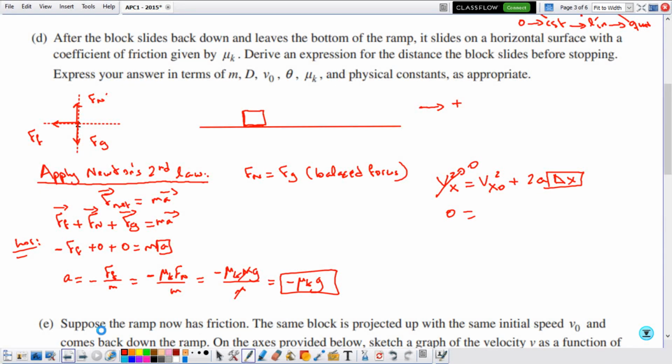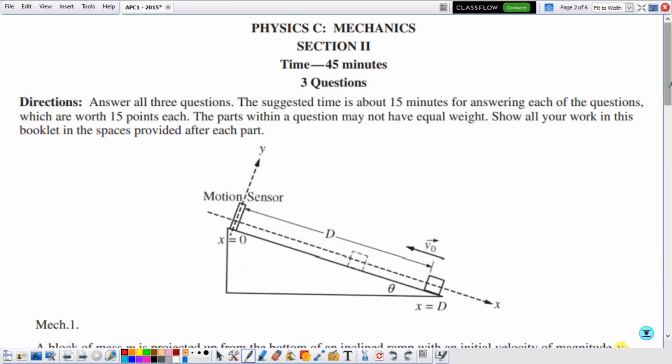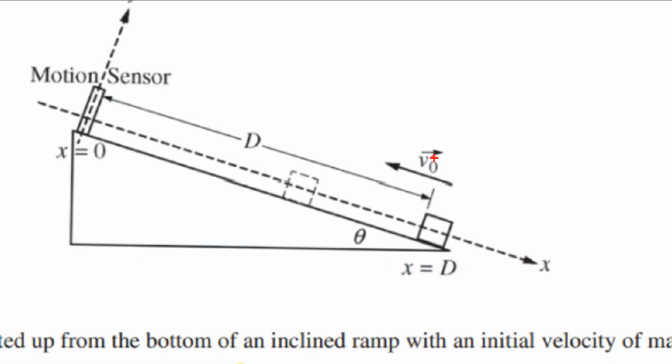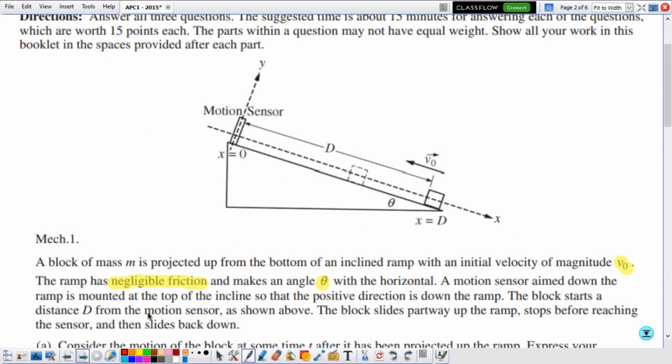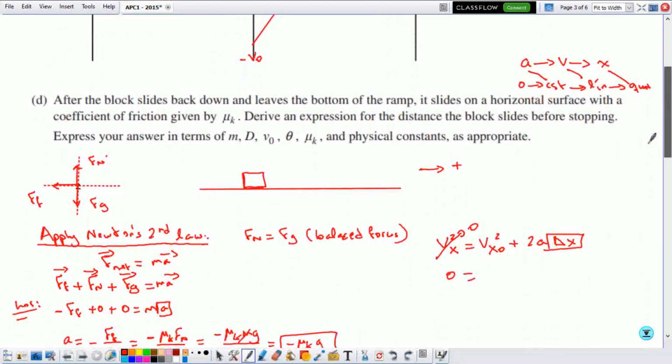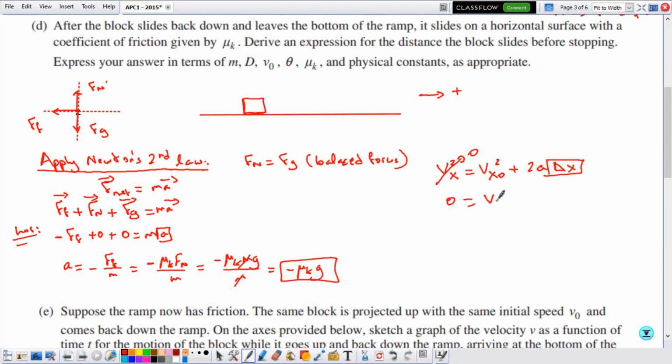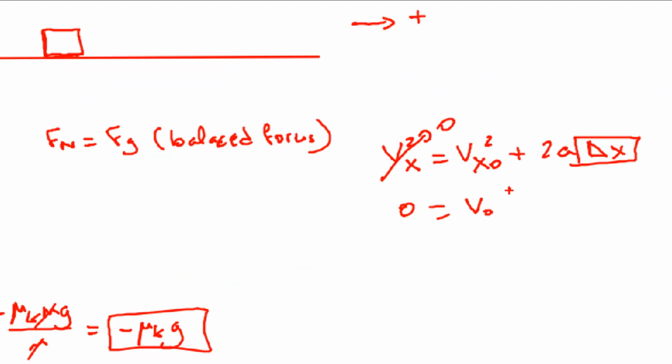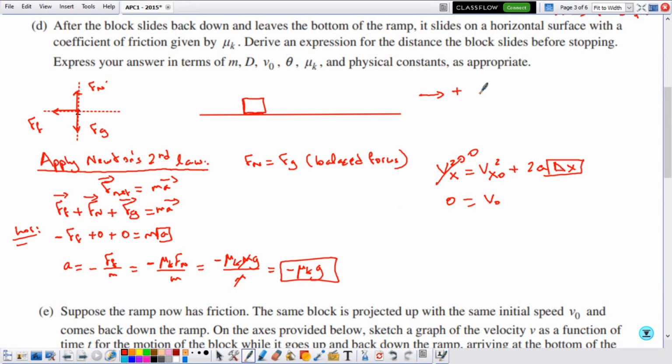Remember that from the beginning of the problem, the block has been projected up with velocity v0. It will reach some point, and during the downward motion it will leave the ramp with a speed of v0 before it starts traveling along the level surface. So that would be v0. Whether minus or plus, we don't worry, because if we also have a minus sign regarding the direction, that would be to the power 2. However, we're taking the positive direction to the right.